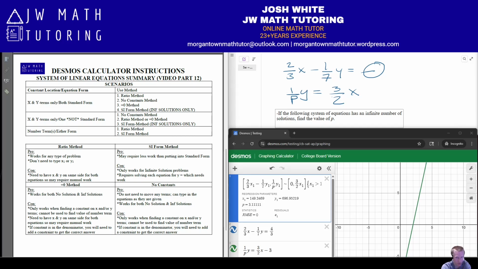You can only use it to find constants that are in front of an x or a y term. You cannot use it to find the value of a number term. And again, if the constant is in a denominator like 1 over p, 2 over p, 3 over 2p, or whatever it is, then you will most likely need to add a constraint in order to get the correct answer.